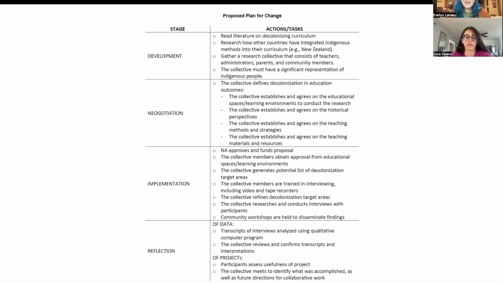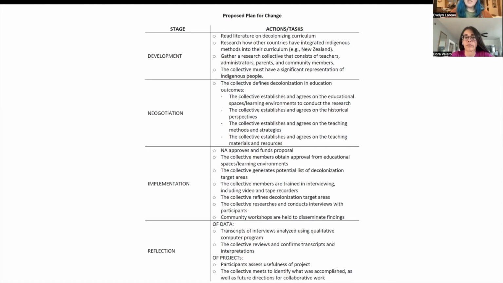As for the projects that we may be utilizing when gathering the data, the participants will assess usefulness of the project, and the collective will meet to identify what was accomplished, as well as future directions for the collaborative work to go from there.